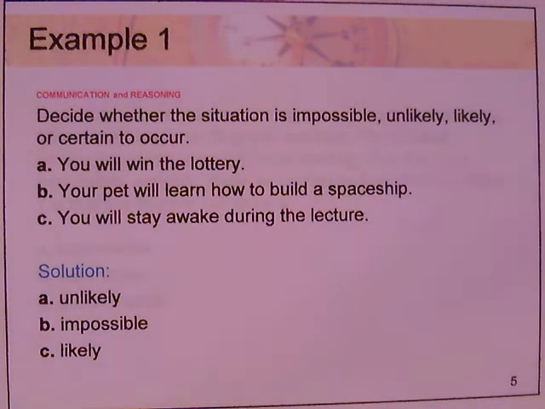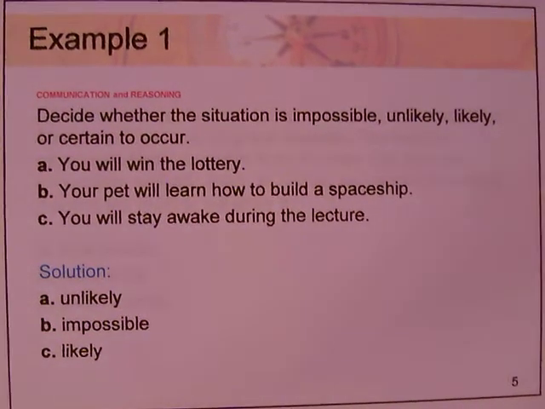The outcome for winning will be very small. Your pet will learn how to build a spaceship. That would be impossible. And you will stay awake during the lecture. That is likely to occur.